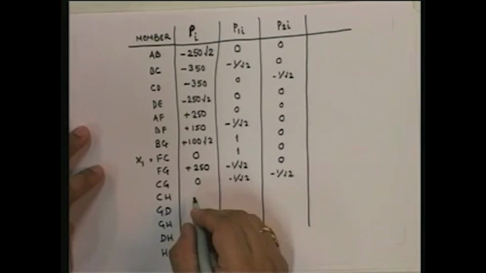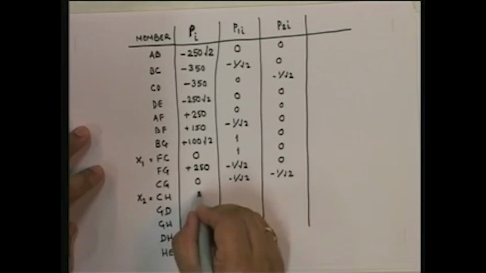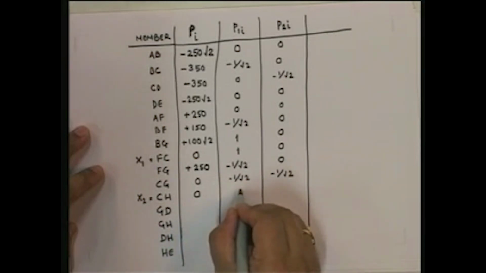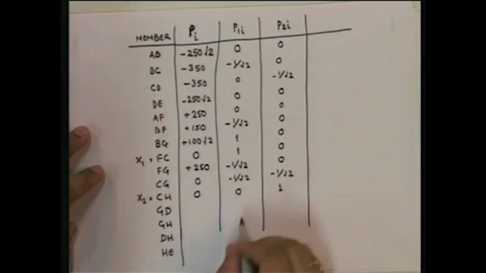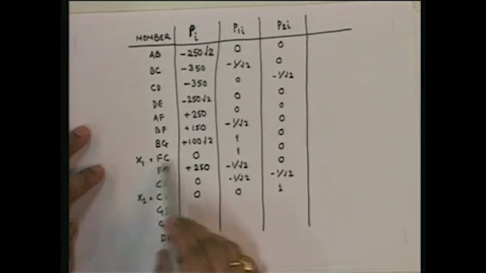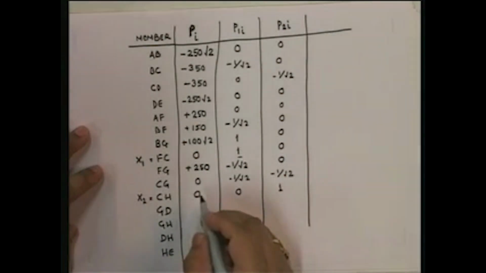CH is equal to x2, so this is going to be 0 here, 0 here, and 1 here. So if you look at this, for x1 it is 0 1 0, for x2 it is 0 0 1, obvious.